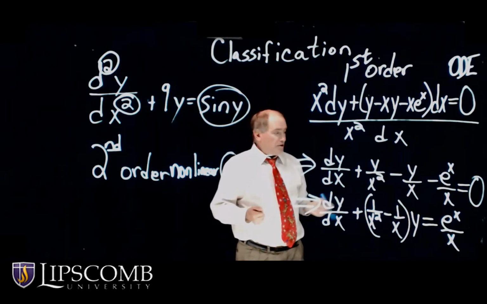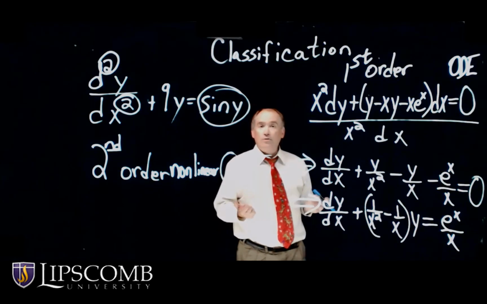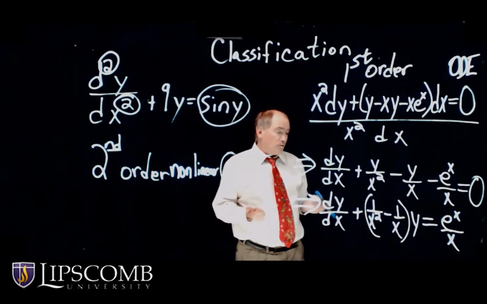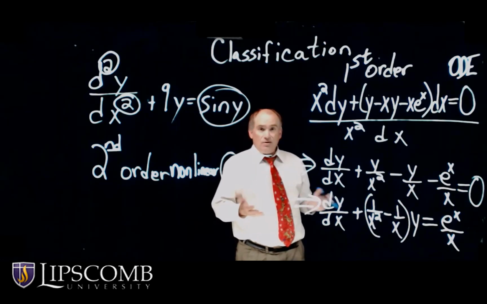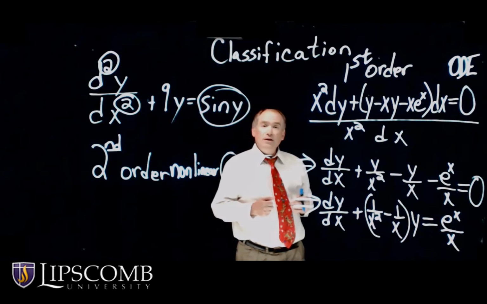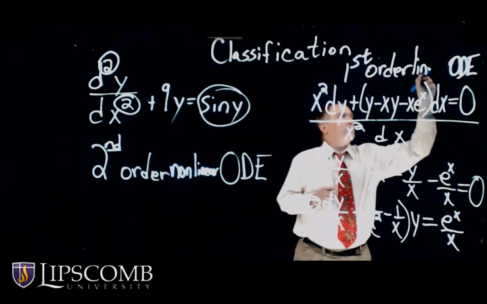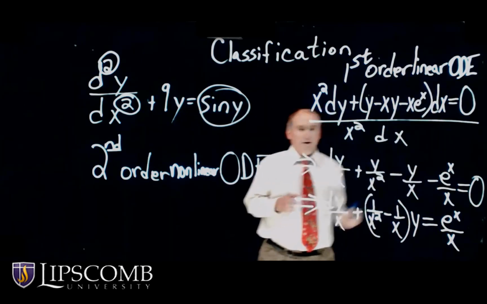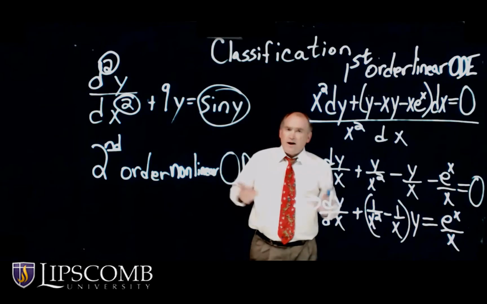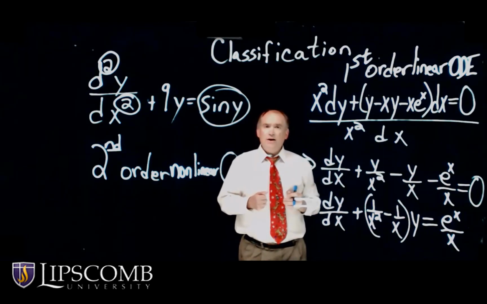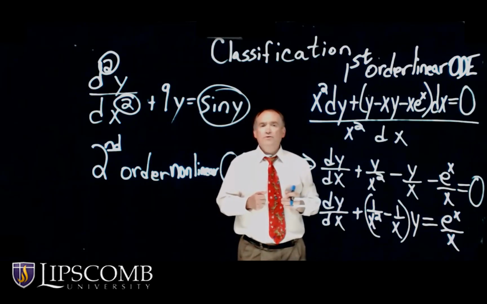No. The dependent variable and its derivatives are all to the first power or 0 power. So basically, it's the form that I have for a linear differential equation. So this is a first order linear ODE. So that's how I look at it to classify what type of differential equation it is.